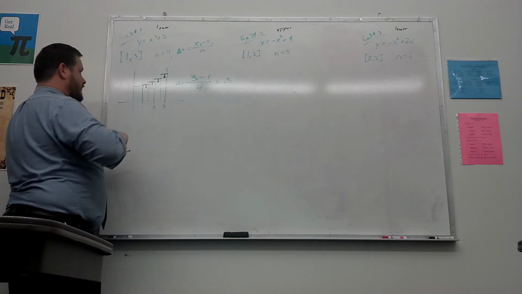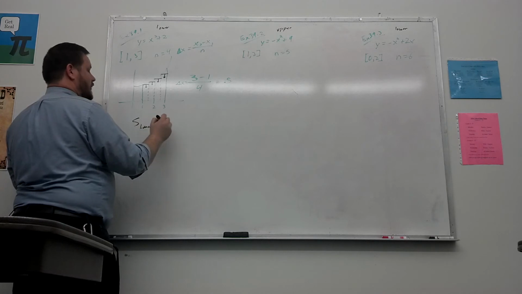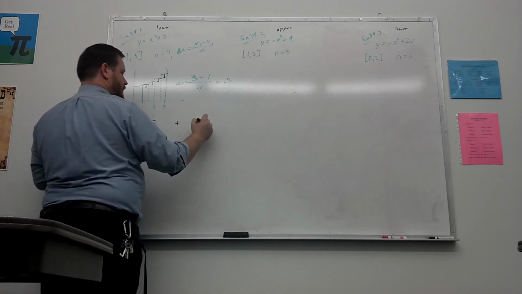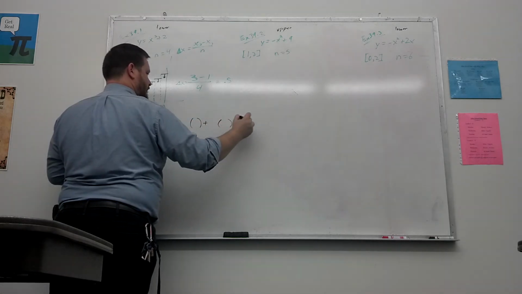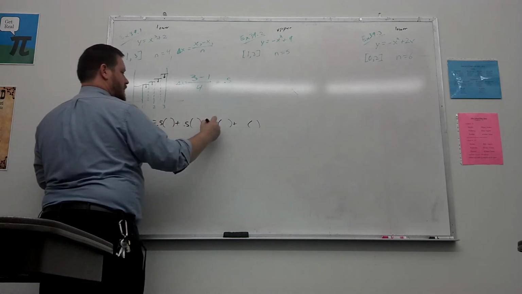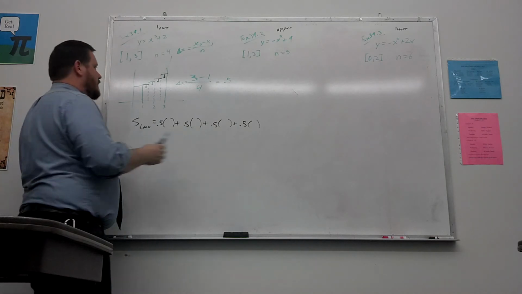So the lower sum that we're looking for is going to have 4 rectangles, right? 4 rectangles, each with a width of 0.5. And what about the height?